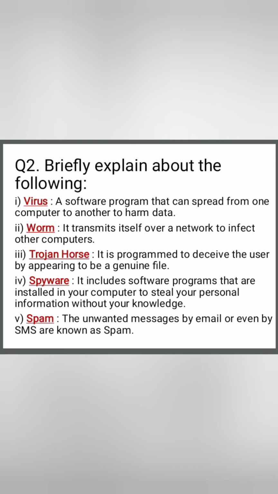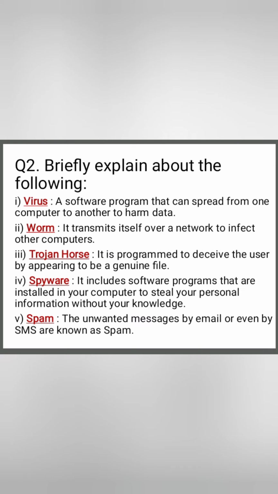Next, briefly explain the following. First, virus. It's a software program that can spread from one computer to another to harm data. Next, worm. It is also a software program. It can transmit itself over a network to infect other computers. Next, Trojan horse. It is programmed to deceive the user by appearing to be a genuine file.